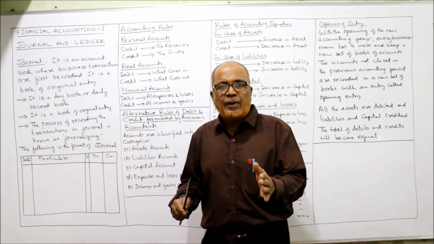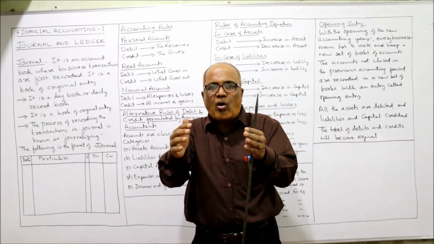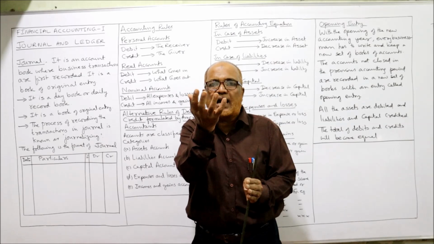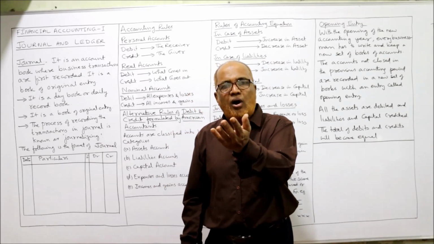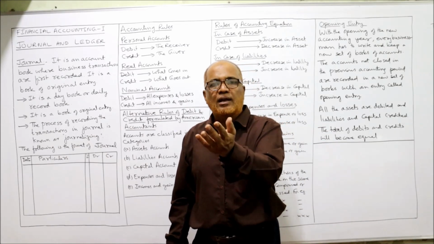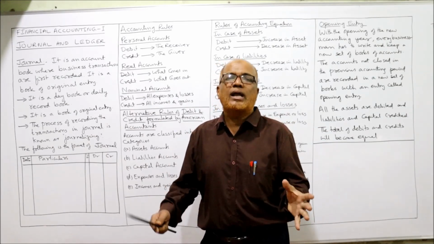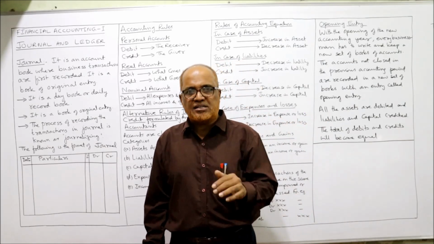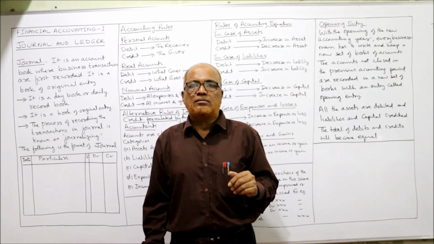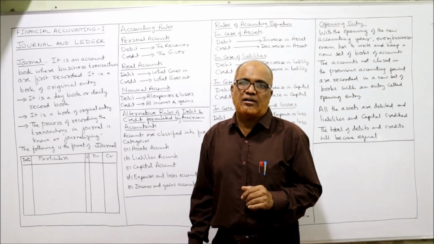Regarding any person, asset, expense or gain, we record all similar transactions in one place. That is called an account. An account will have two sides, left hand side and right hand side. The left hand side is called the debit side and the right hand side is called the credit side.